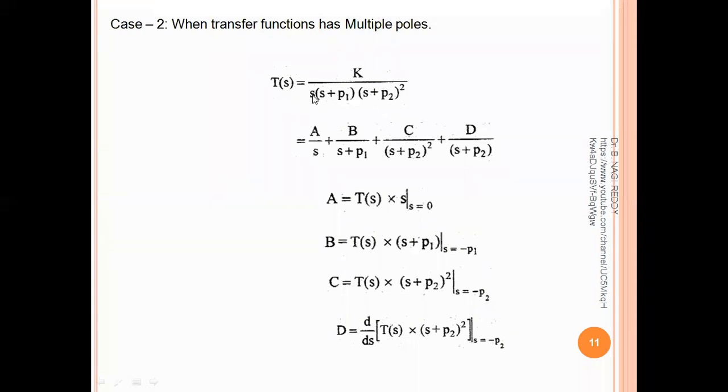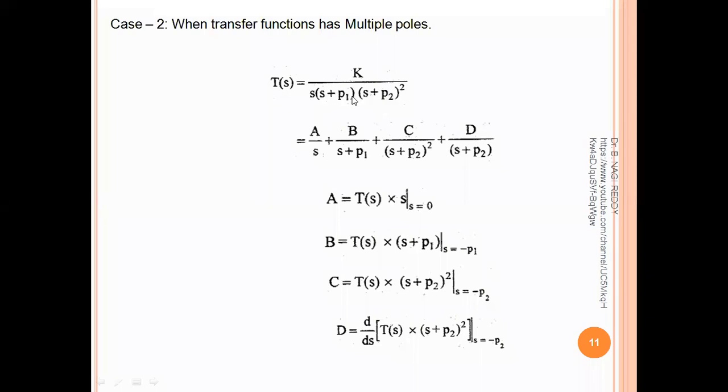This is the s term, this is the second s, and here you can see this is whole square, that means this is s square. So here also 2s and s, here s square, so total s power 4. So the maximum order in the denominator of this transfer function is s power 4. So the order of the system is s power 4.